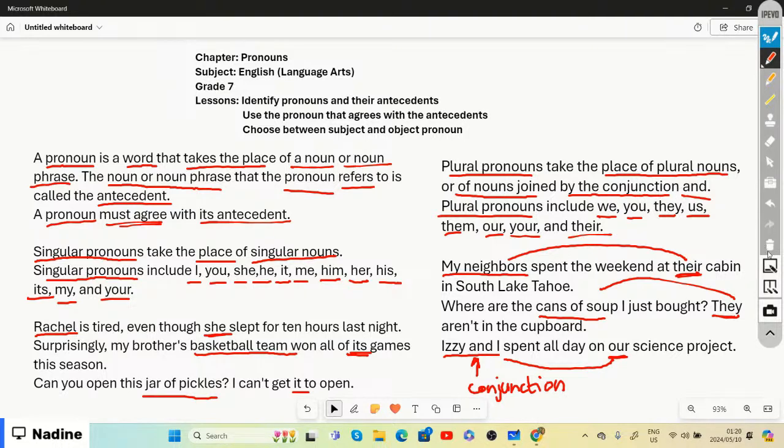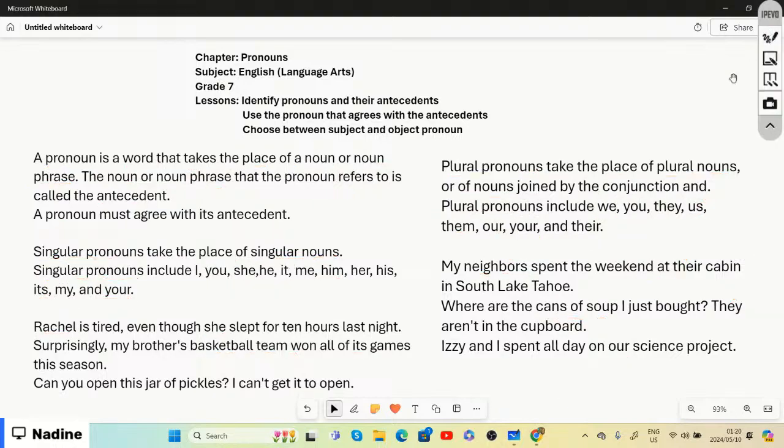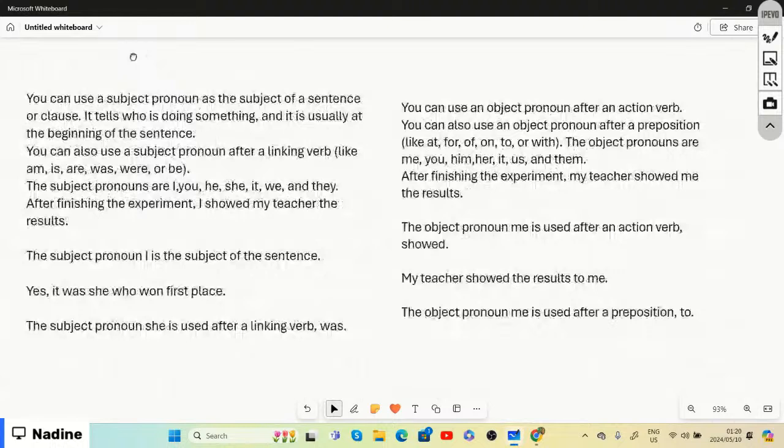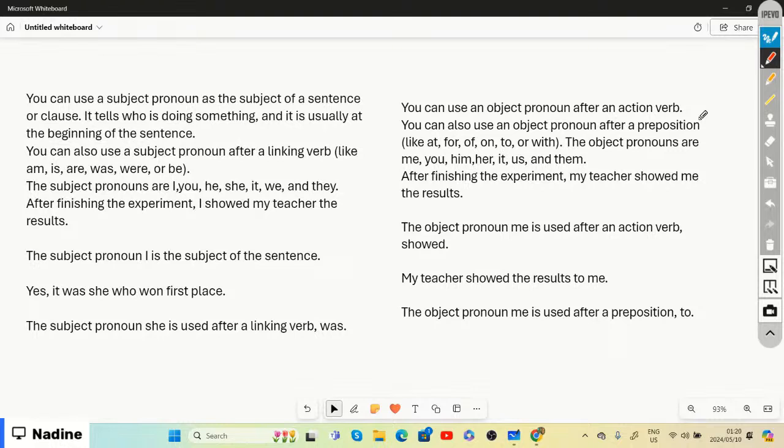All right. Now we're continuing. When it comes to pronouns, we can use subject pronouns and we can also use object pronouns, right? We can use subject pronouns as the subject of a sentence or a subject of a clause.